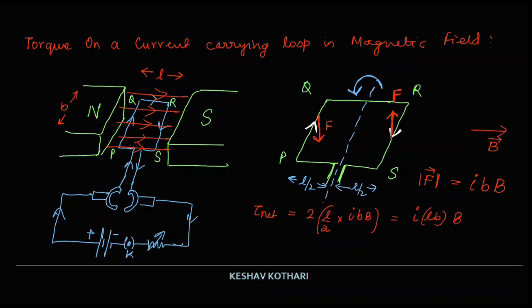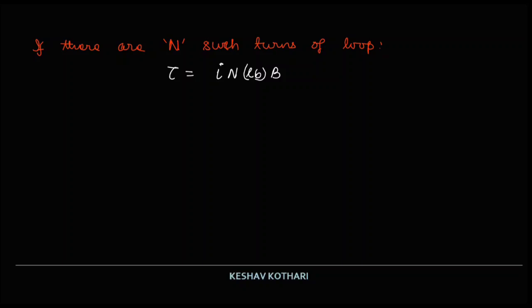If there are n such turns of loop, then I can say that the torque is equal to I n L into B, where this is the area of the coil, and hence I write it as torque is equal to INAB.